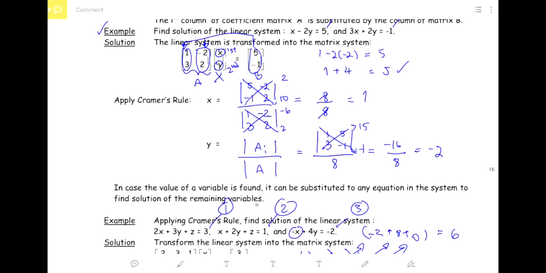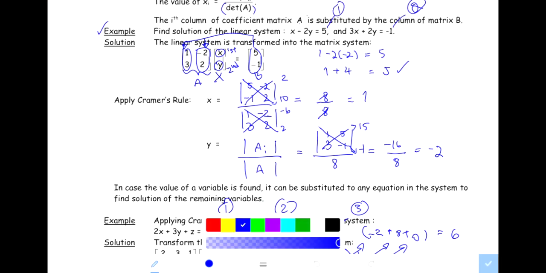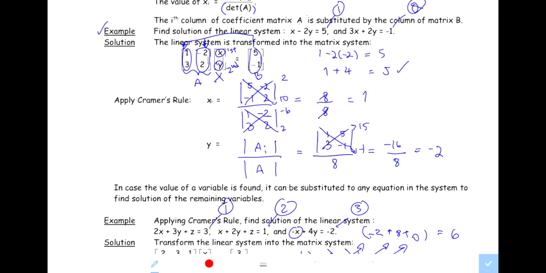So what's the meaning of this? Let's do it with the red color. This one means something like this. If you get x already, let's say you use Cramer's rule and you get x already. This is your x, right? X is 1. So instead of doing Cramer again, you know, if you do a lot of Cramer, it will become crazy.